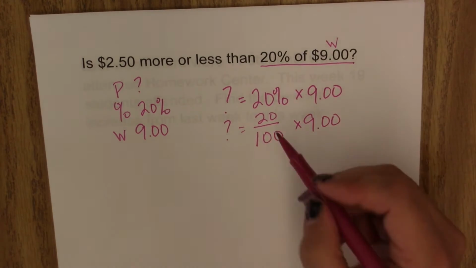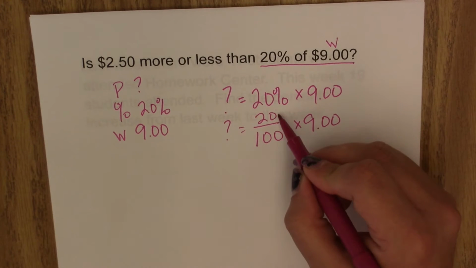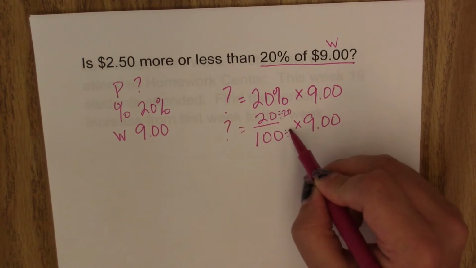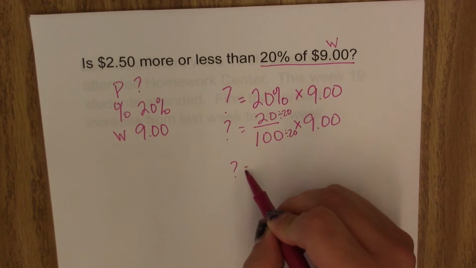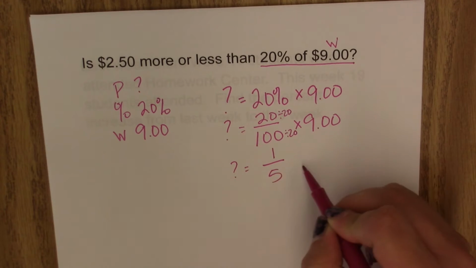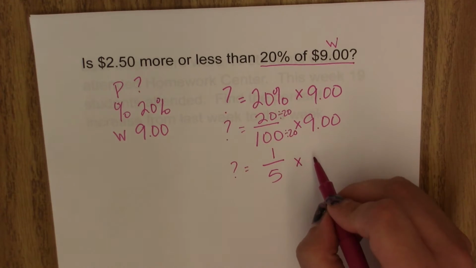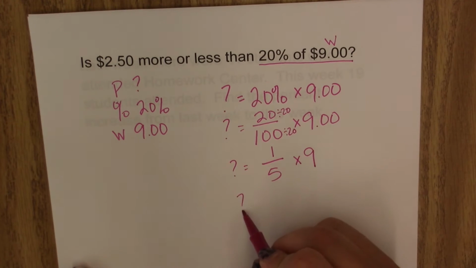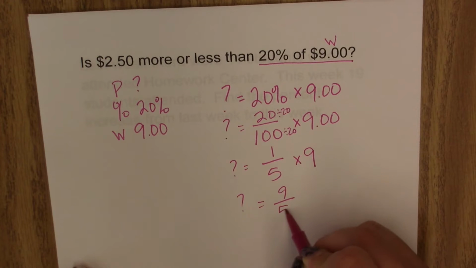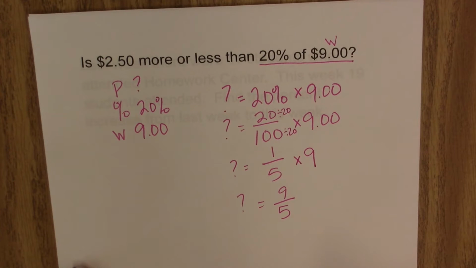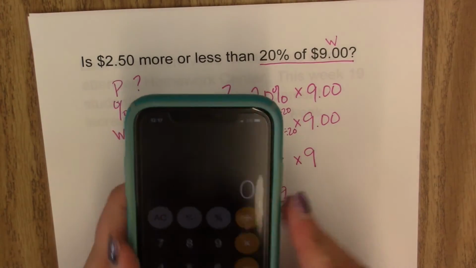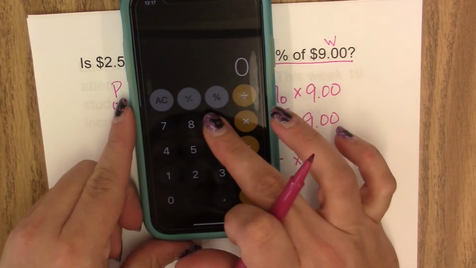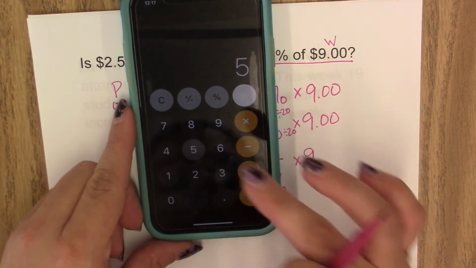Since it's a percent, it's out of 100, times 9. All right, now I'm going to simplify this down. I know I can divide both of these by 20. So that would be 1 over 5 times 9. So when I multiply, I get 9 over 5, which when you divide, let me grab my calculator here. So we have 9 divided by 5.